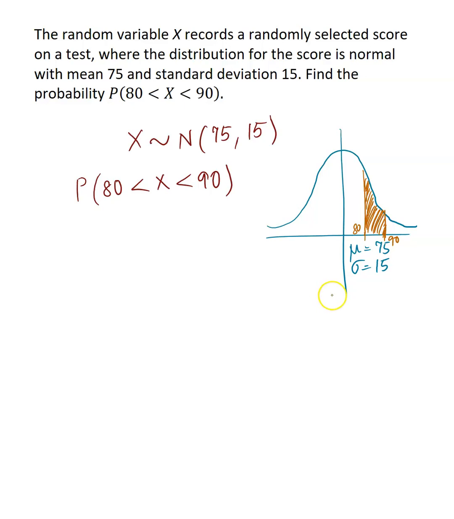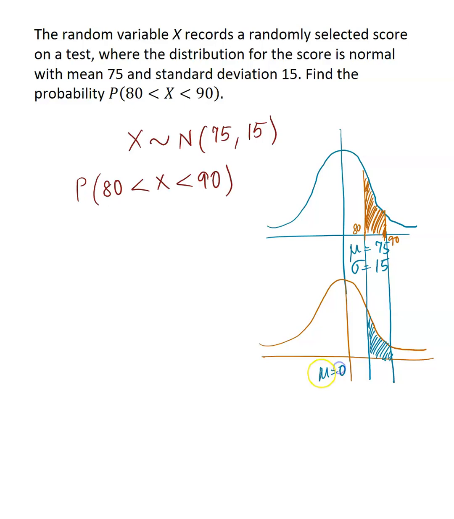And so if we were to do this manually, we would go further and get a corresponding z-score and then find the corresponding 80 mark and the 90 mark. Same shaded region, but here mu is 0, sigma is 1, and we'll have to find the z values for z1 and z2. Okay, z1 and z2, right?